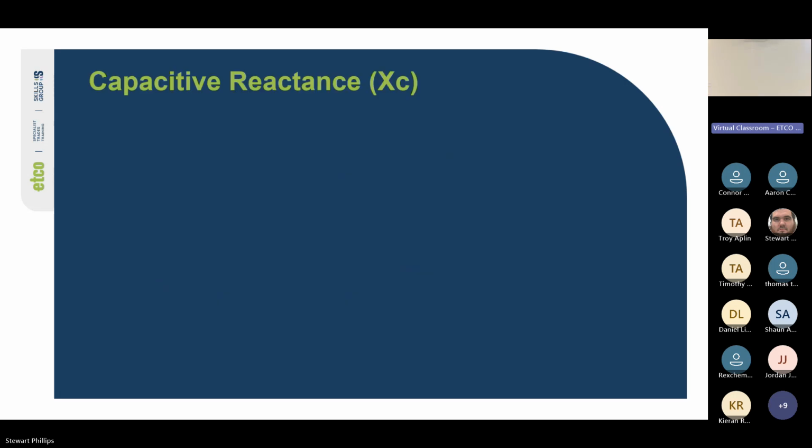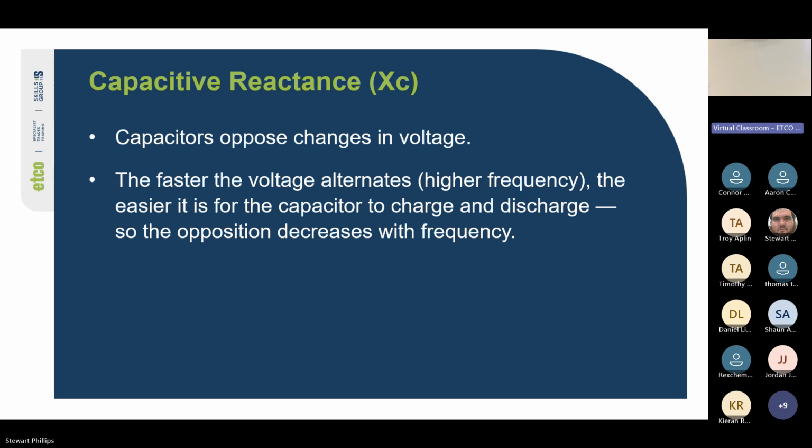Cool. So now we'll look at our capacitive reactance. So capacitors oppose changes in voltage. So the faster the voltage alternates or the higher the frequency, the easier it is for the capacitor to charge and discharge. So the opposition decreases with frequency.